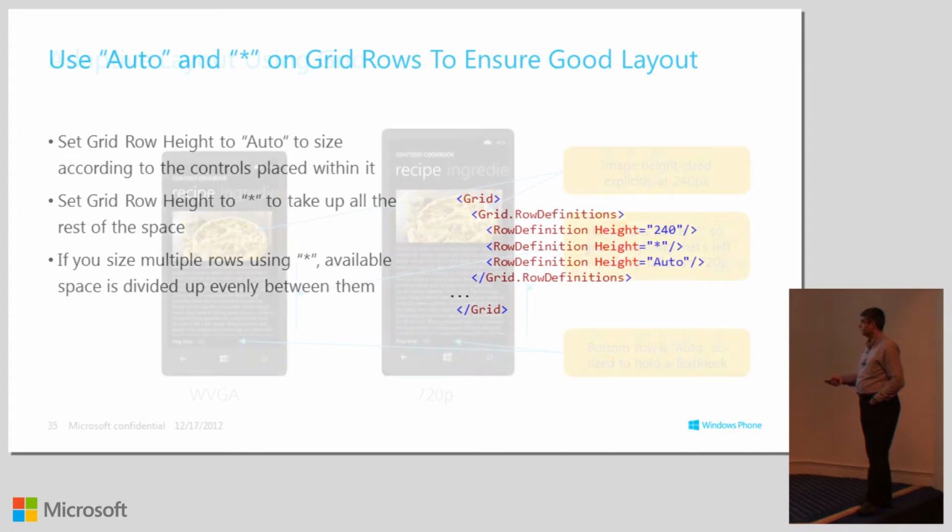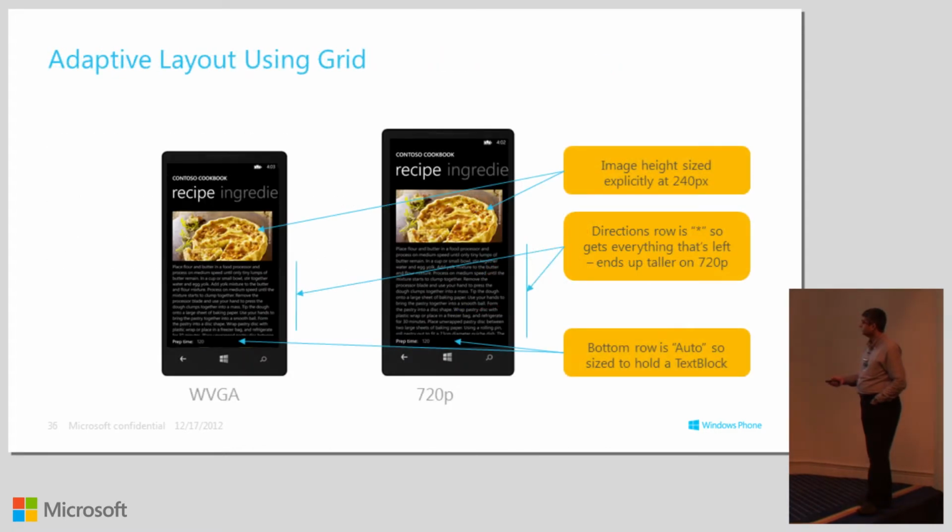So if you see here, the image is sized at 270p. This is star, so it's taking up the rest of the space, and this is auto, so it's going to adjust itself to the content. So this answers your question, I hope. Right? So if you see here, this size is growing more than this because the resolution here is higher. So this is the difference between the auto and the star.